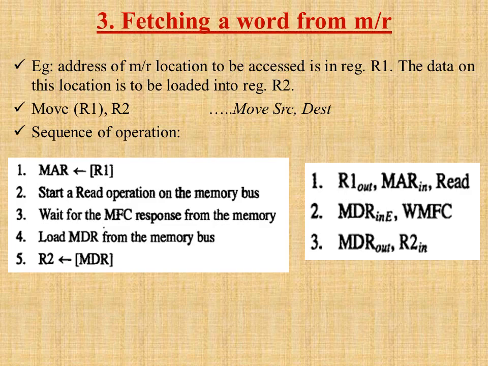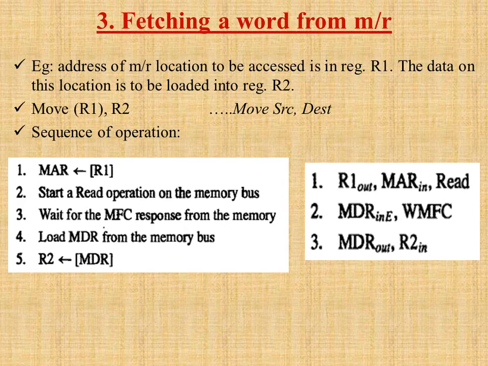The same sequence of operations is shown with respect to the in and out control signals of the respective registers. So first step, R1 out. In the first step, R1 out is activated, MAR in is activated, and the read signal is activated. MDR in E stands for external bus connection.